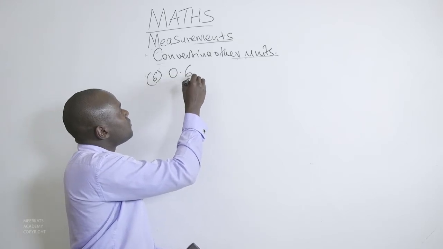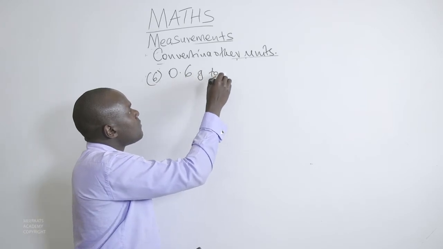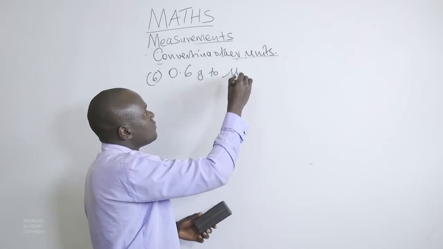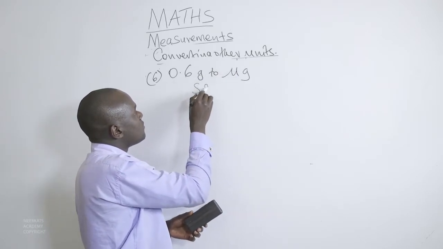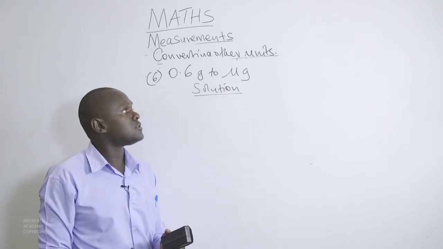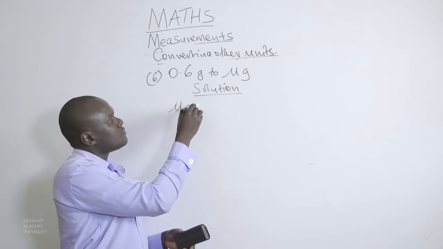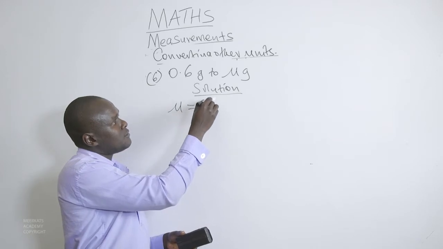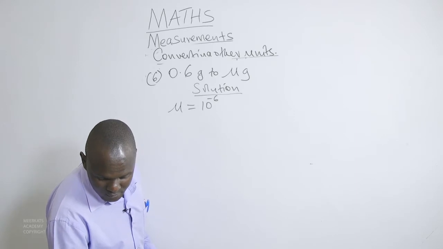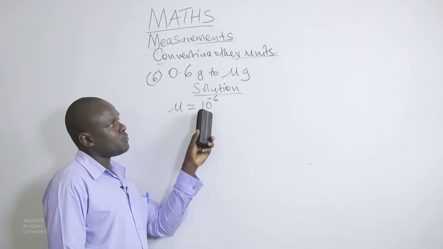This is the symbol. So we need to know, what does this one mean? This means 10 raised to power negative 6, which is 1 millionth.